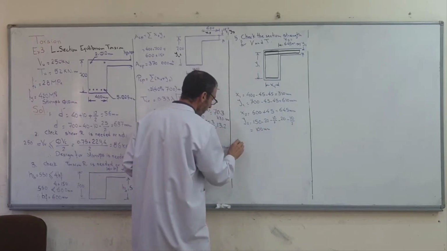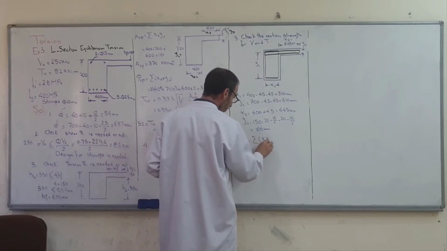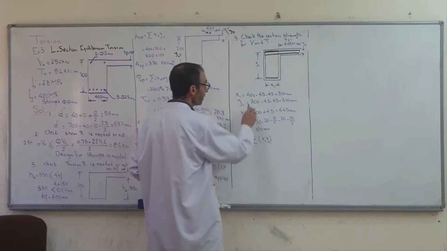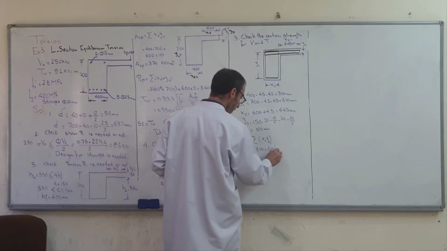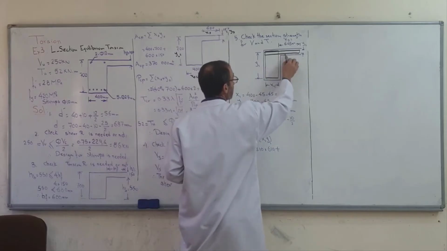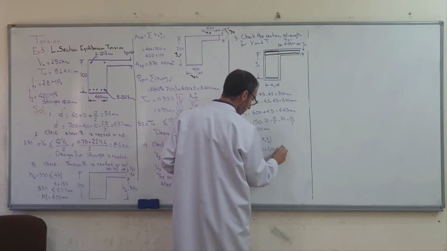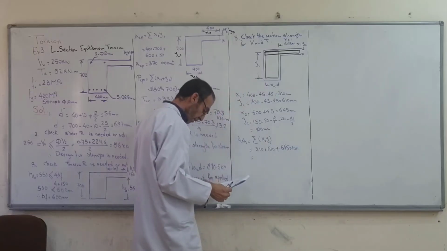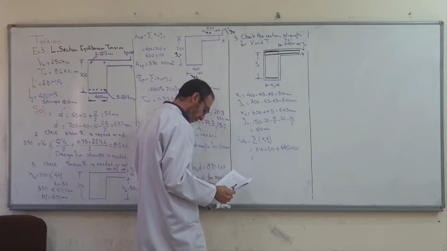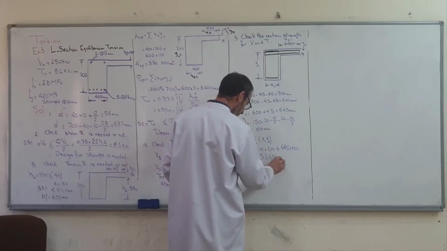Now it's easy to find A0h. Summation of x1 y1: x1 300 times 600, plus this portion of the slab, 645 times 100. This gives the area in millimeter square.